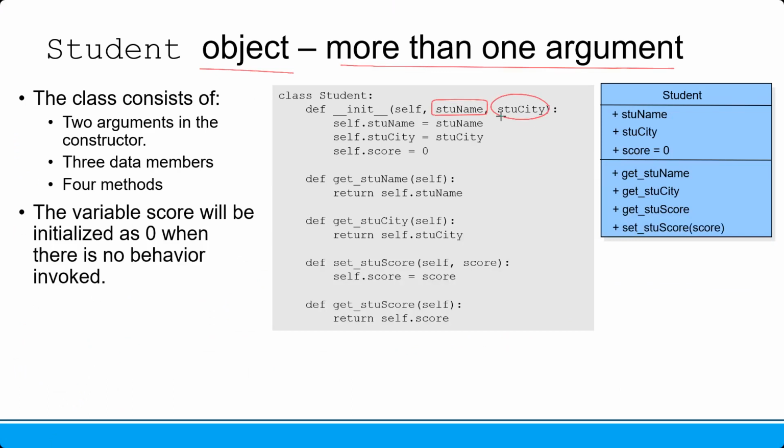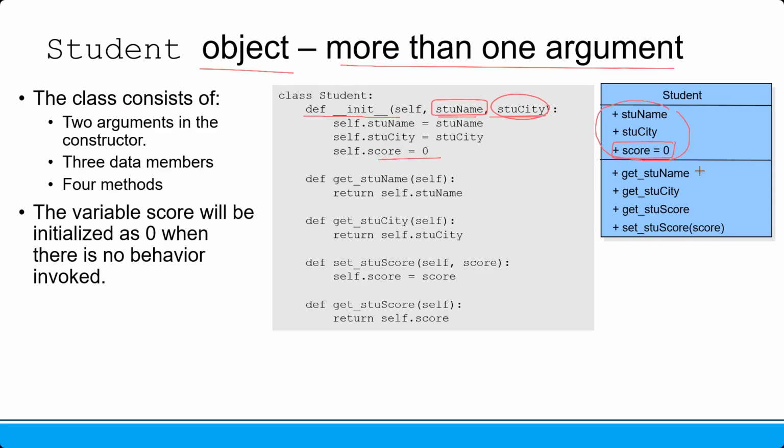Let's say I just put city. And then I also want to get the data from the student, which is the score. Let's say the score is 0 at the initial state. So the init is student name, student city, and then the score is 0.